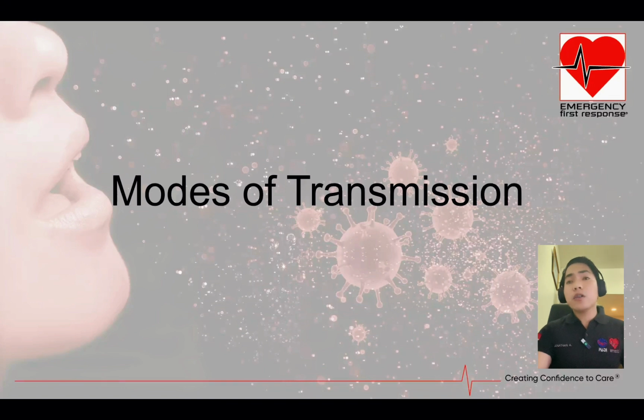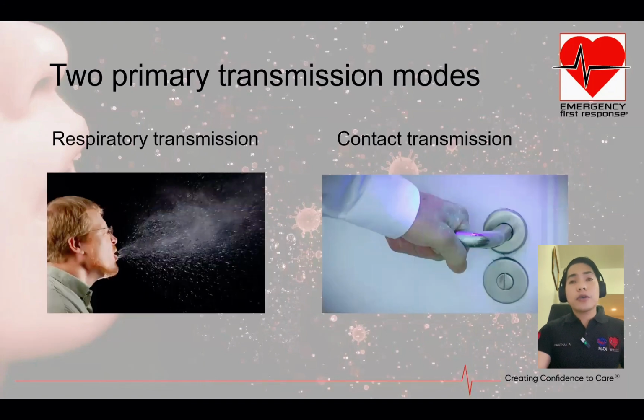Let's look at how these diseases pass from infected people to other people. As you can see, there are two primary transmission modes: first, respiratory transmission, and second, contact transmission. We will explain the two primary ways airborne pathogens pass from infected people to healthy ones.